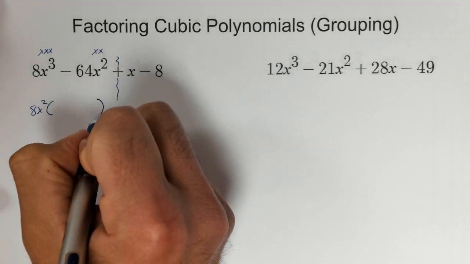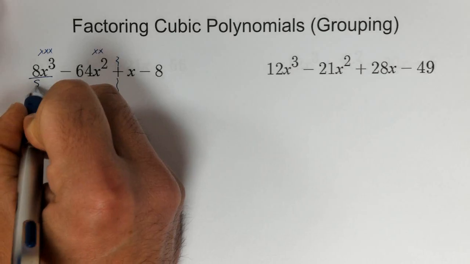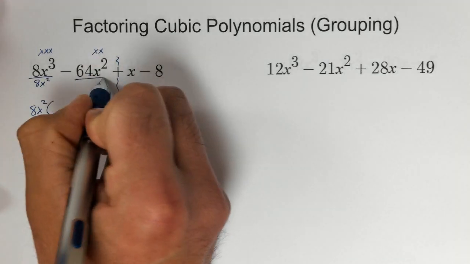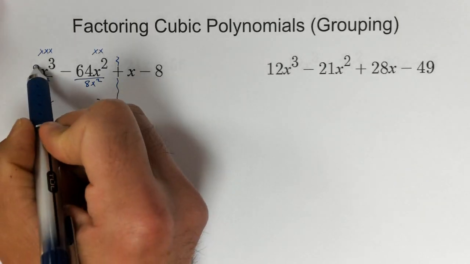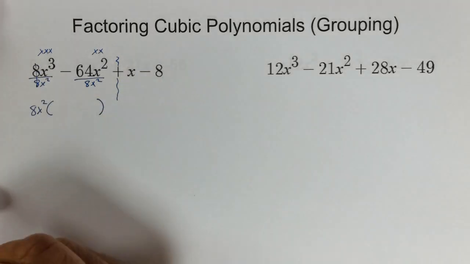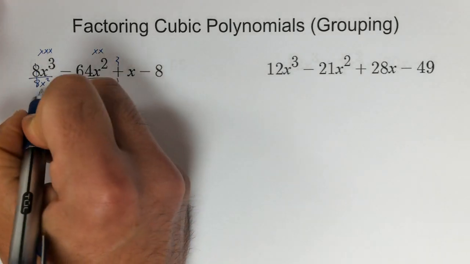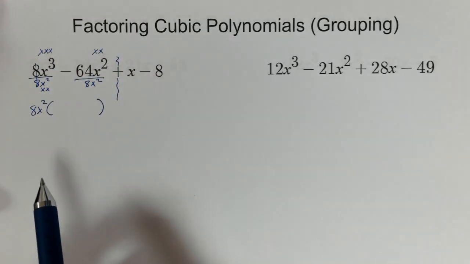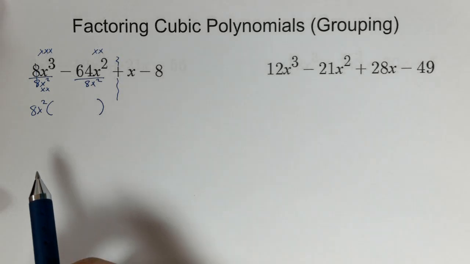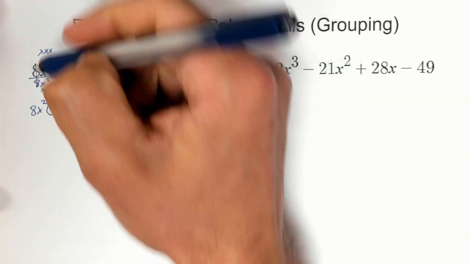Now, to find the other factor, I'm going to divide everything by the GCF. And as you can tell, the 8 divided by 8 cancels to 1. And then notice how down here we have two x's, x squared and x cubed, right? So when I divide exponents, remember, when I'm dividing, I'm going to be canceling the values.